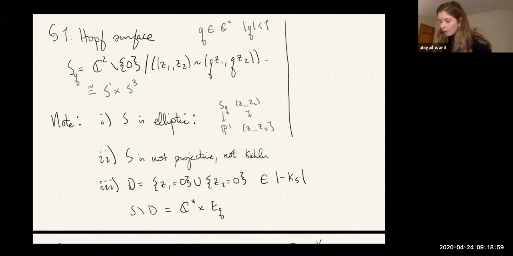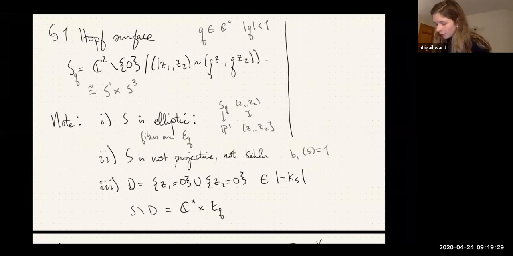On the S3 factor, that's just the Hopf fibration. The fibers are all the same elliptic curve, the elliptic curves E_Q, my elliptic curve with complex parameter Q. Okay, so this thing is not projective, and not Kähler. This is easy, because the first Betti number is 1.